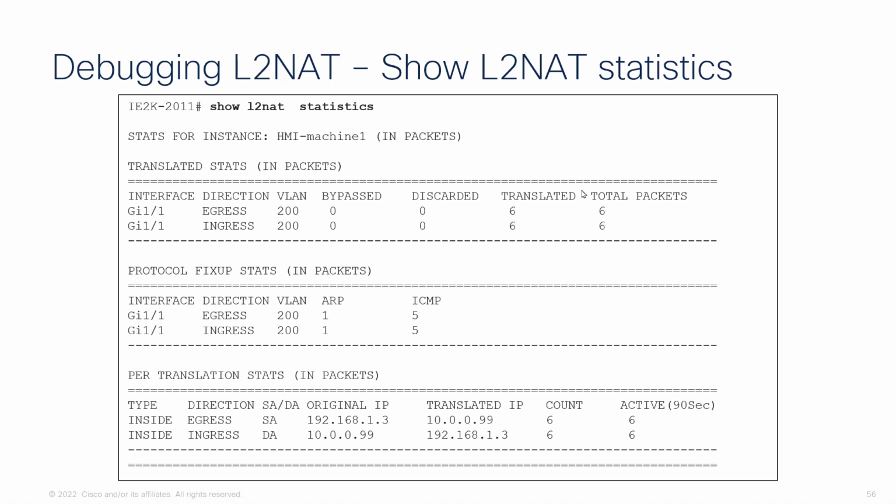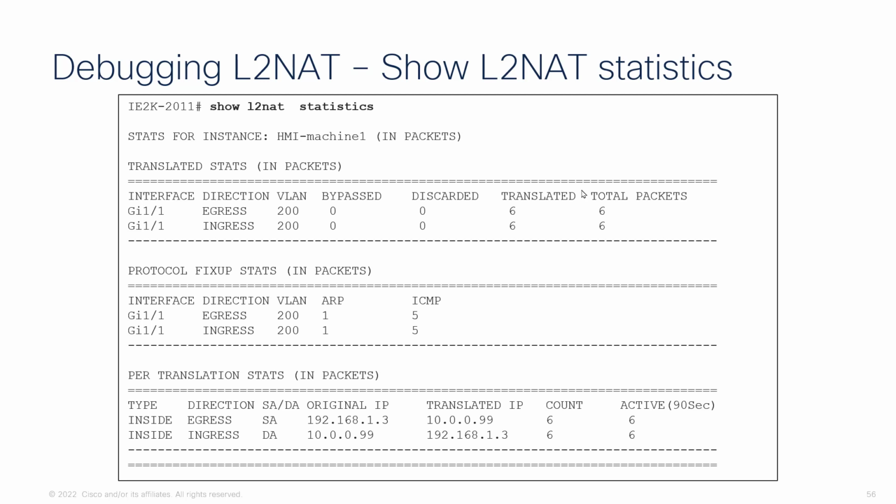We're not going to spend too much time here on troubleshooting. I will say that I found the show layer 2 NAT statistics CLI command to be invaluable when trying to troubleshoot something like this. This example here is truncated output.